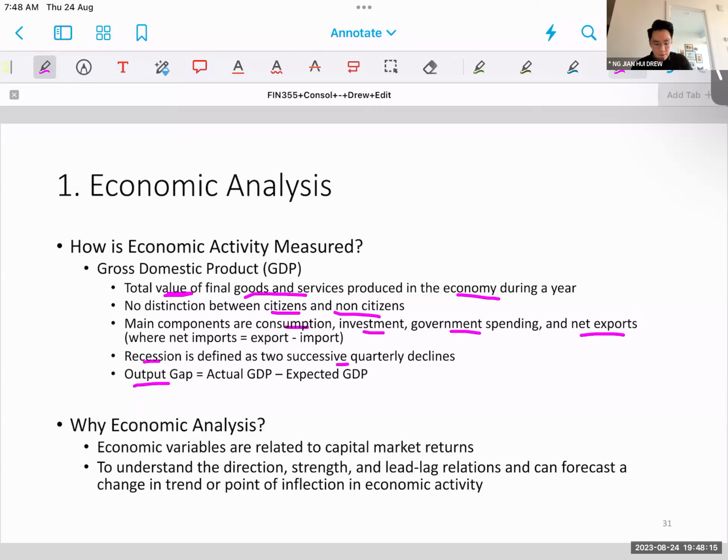These are the components we want to investigate. Is there an increase in government spending? Is there some fiscal policy, some monetary policy? Are there investments being made, or an increase in consumption? Those are the components of economic analysis that we are interested in.